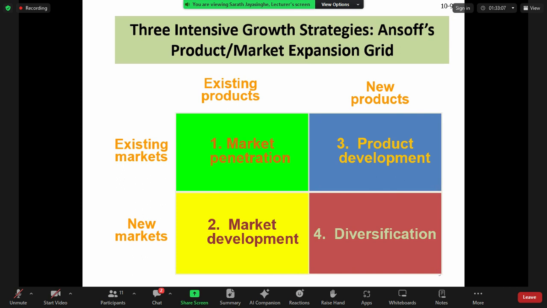Then when they try to convince us that you have to brush your teeth before you go to bed, your usage will be more. And if they say after each meal you have to brush your teeth, then what happens to the toothpaste market? It grows. You need more toothpaste. They are coming under market penetration.